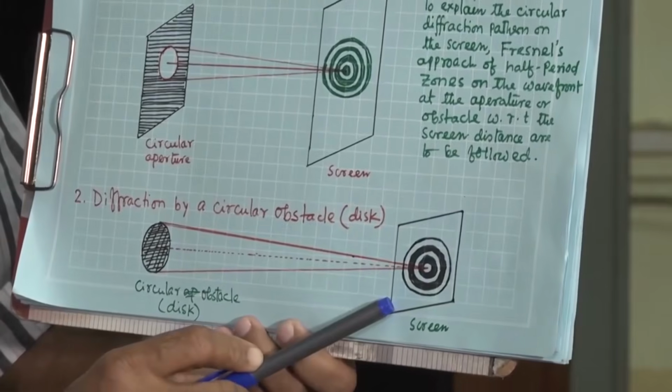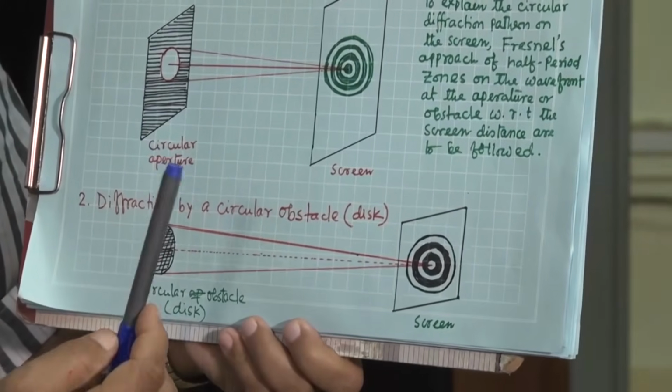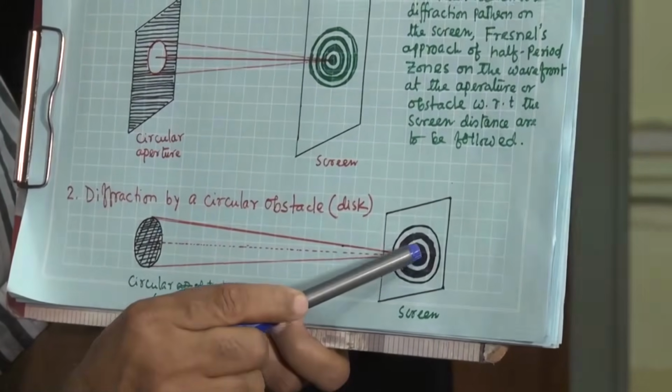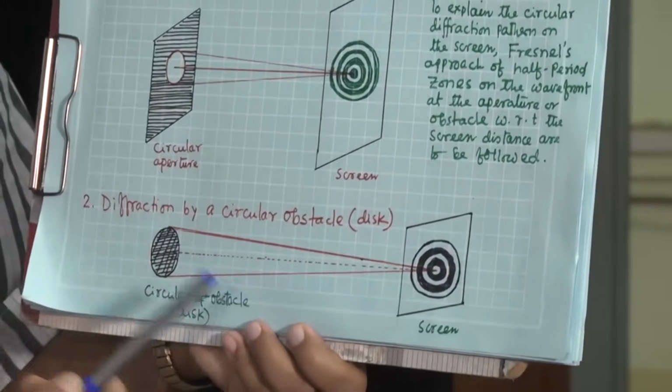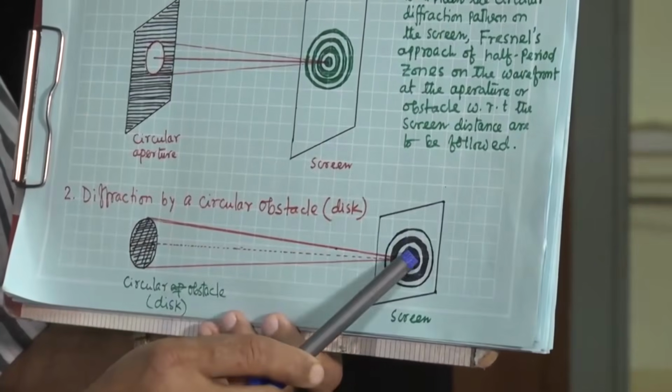Okay. So, surprisingly, you will see that the center circle will always be bright.